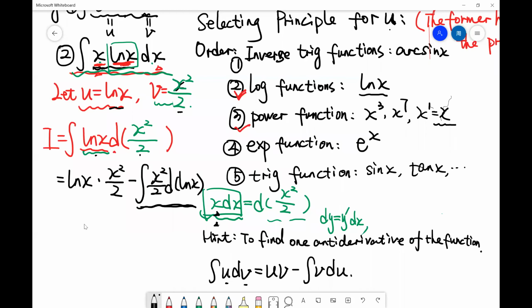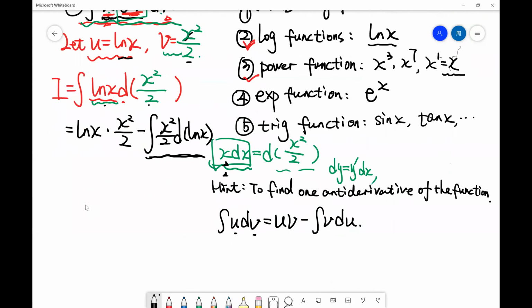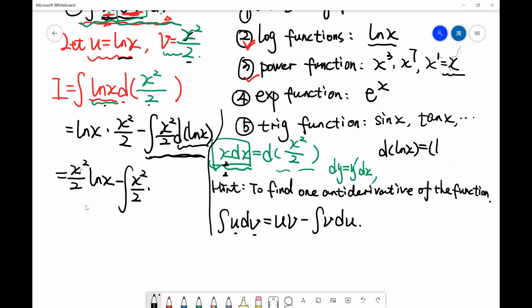So here we know that equals, to make it clear, I write x squared by 2 before ln x. So that is x squared by 2 times ln x minus integral of x squared by 2. Now we can calculate d ln x. Remember that d ln x equals ln x prime dx.